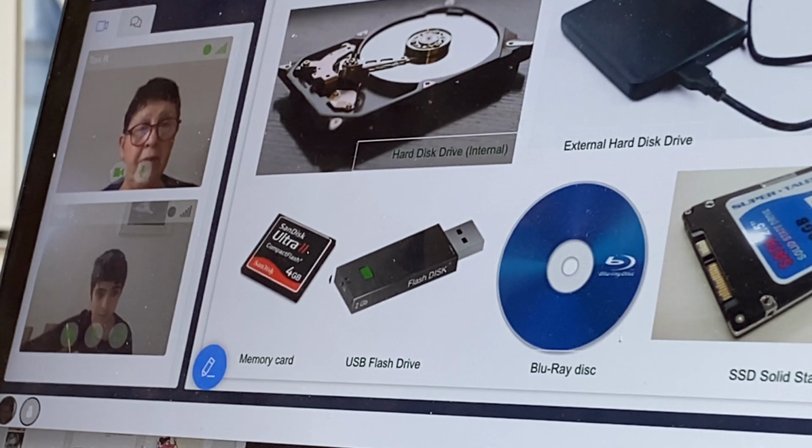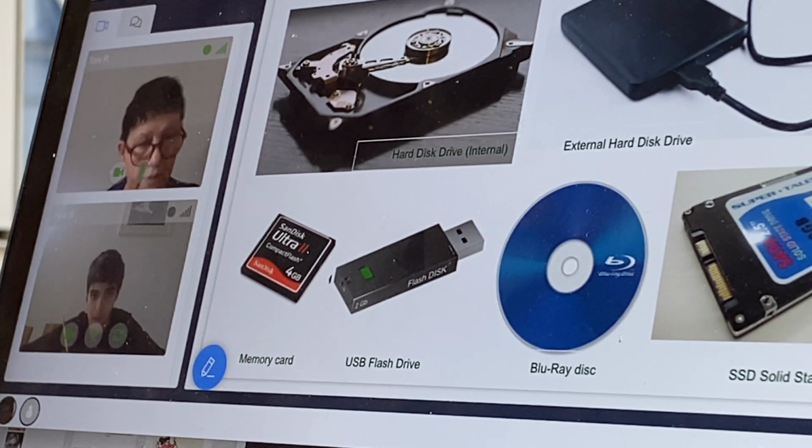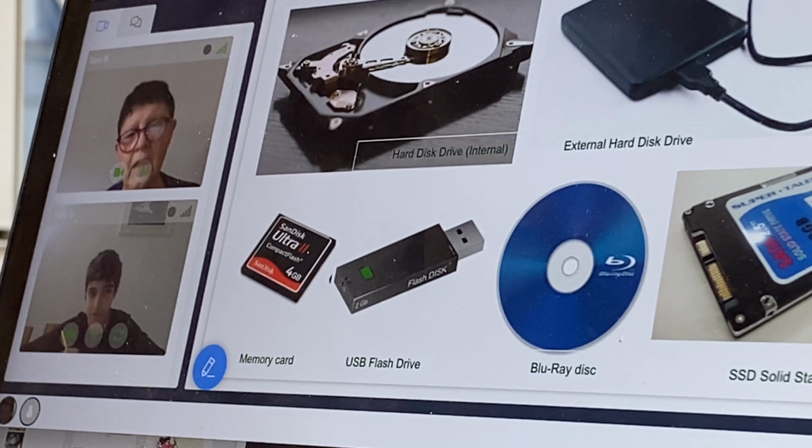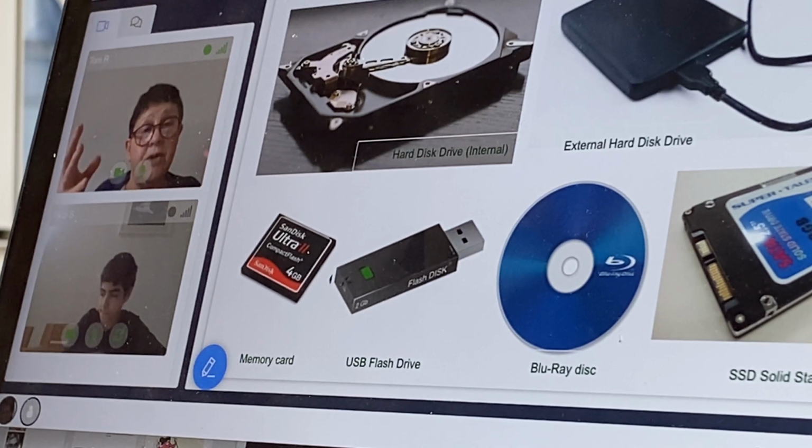You probably have a flash drive, a memory stick somewhere. Yeah. Okay. How about one of these ones? Yeah. Got it. Do you know what this one is? Yeah. Okay. This is a Blu-ray disc. It used to start off with a CD, a compact disc, but then that didn't have enough capacity for people to store what they wanted.